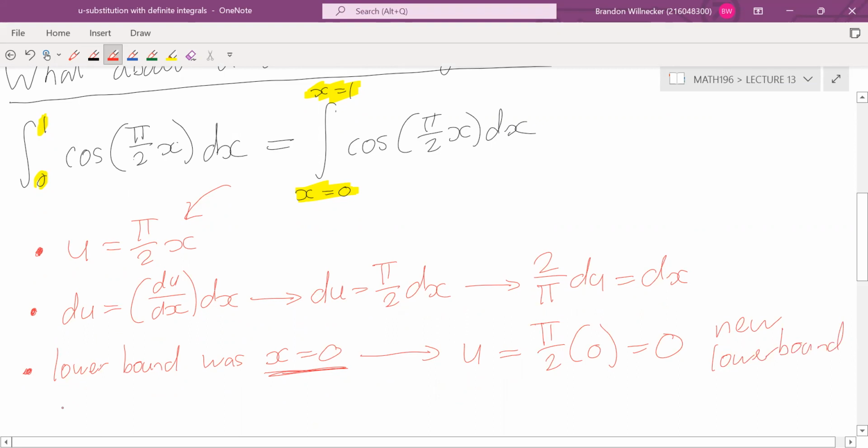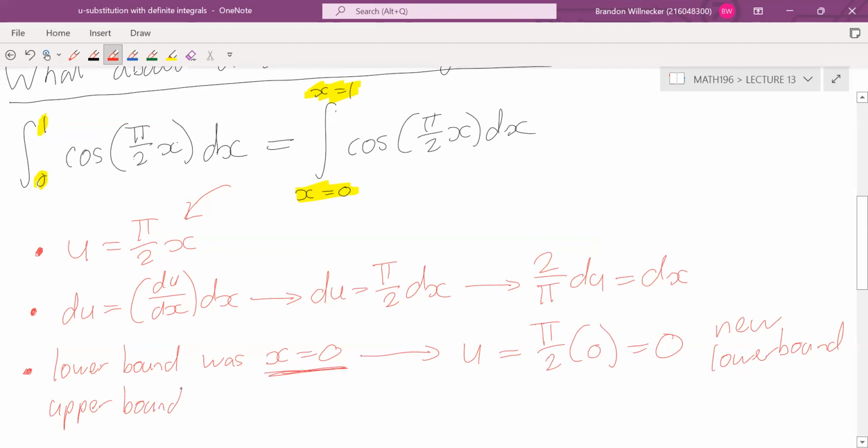Okay, and what about the upper bound? The upper bound was x equals 1. So what does the new upper bound become? Well, u is now going to be pi over 2 times 1. So this will be pi over 2.